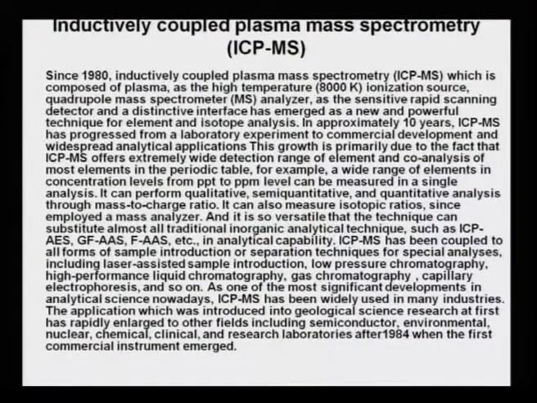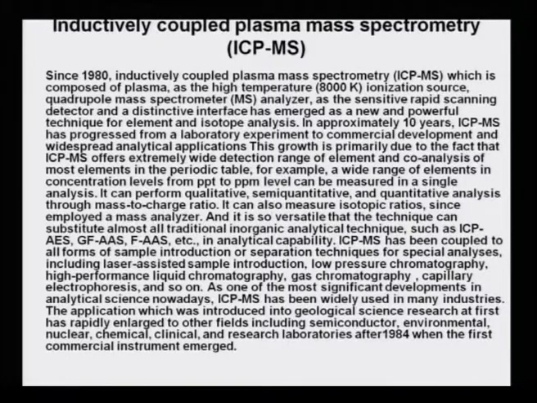Inductively coupled plasma mass spectrometry. Since 1980, inductively coupled plasma mass spectrometry, that is ICP-MS, which is composed of plasma as a high temperature 8000 Kelvin ionization source with a quadrupole mass spectrometer analyzer as the sensitive rapid scanning detector, and a distinctive interface, has emerged as a new and powerful technique for element and isotope analysis.